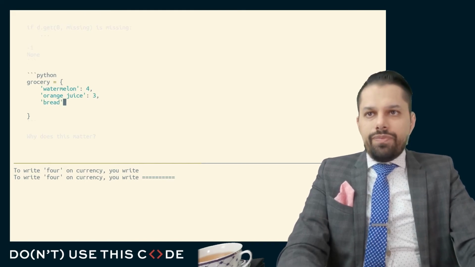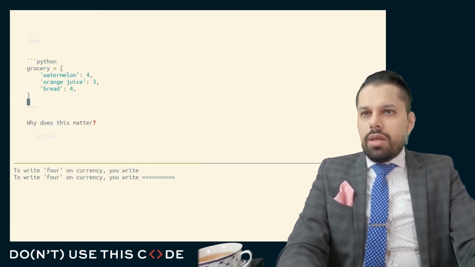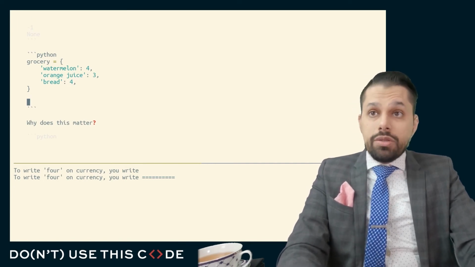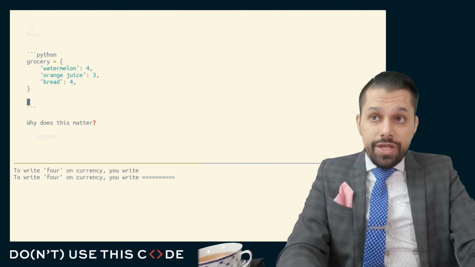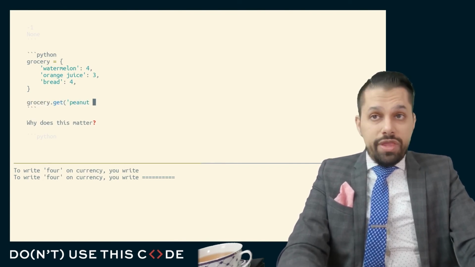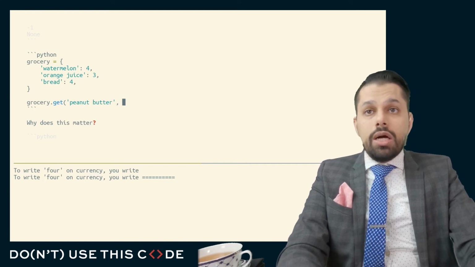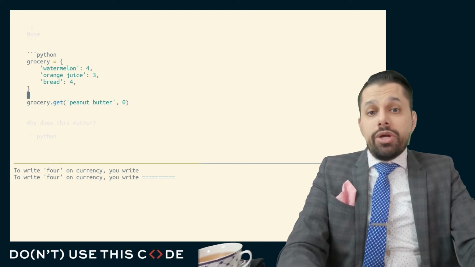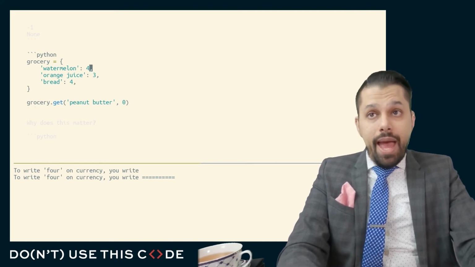If you asked me, well, how much peanut butter did you buy? There's a meaningful default. I bought 0 peanut butter. And so this is the case where the .get would be totally meaningful with a very meaningful default of 0. Anything that's not in this mapping is guaranteed to be a 0. And this is very similar to the C++ standard map.